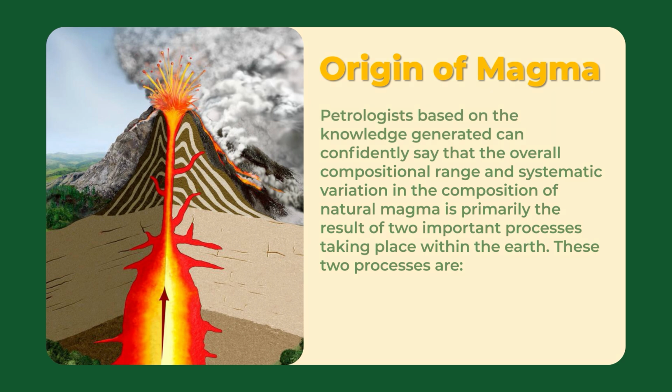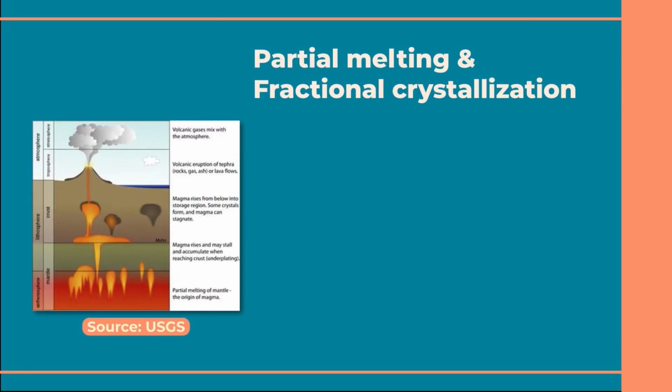Let us discuss the origin of magma. Petrologists, based on the knowledge that has been generated, confidently say that the overall compositional range and systematic variation in composition of natural magma is primarily the result of two important processes that take place within the earth: partial melting and fractional crystallization.